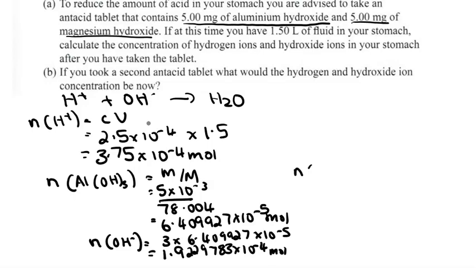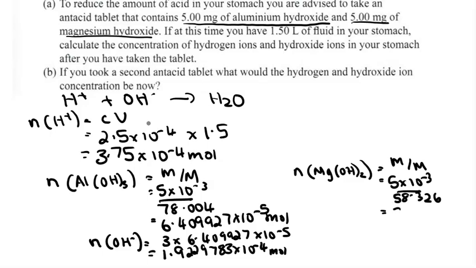Now the number of moles of magnesium hydroxide is equal to mass over formula mass, which is 5 by 10 to the negative 3. Remember to convert milligrams to grams, divided by 58.326, and it comes out to 8.572506 by 10 to the negative 5 moles.